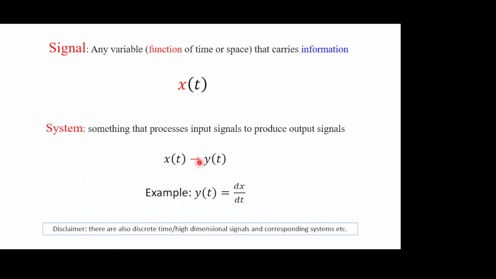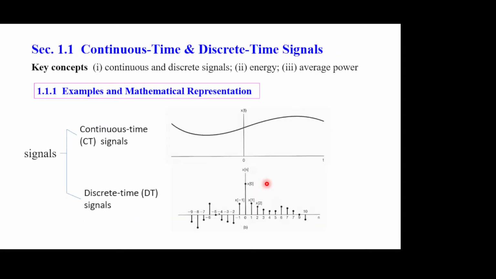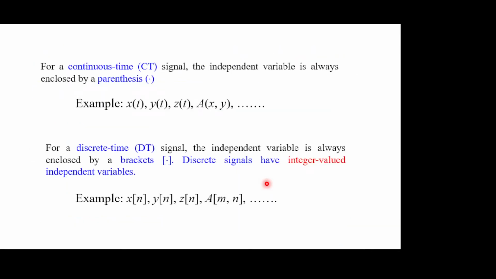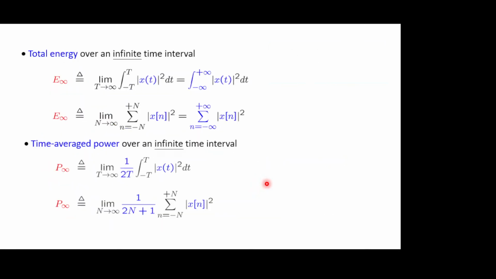Usually we express things like we'll write x of t to y of t, or even omit this, and write y of t equal to some relation to x of t, like y of t equal to dx/dt. And anyway, we started talking about properties of signals, and those are easy.